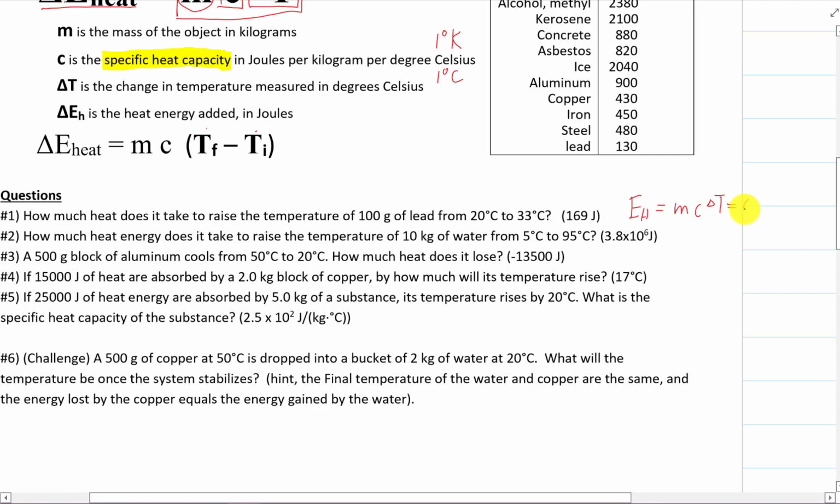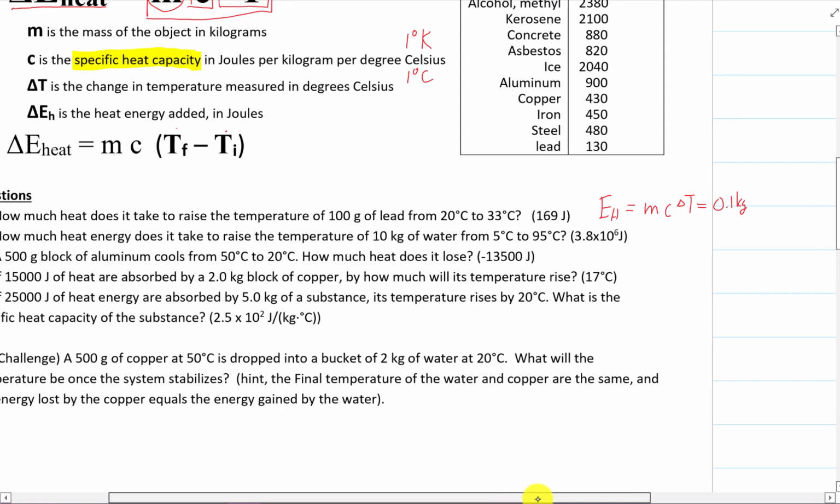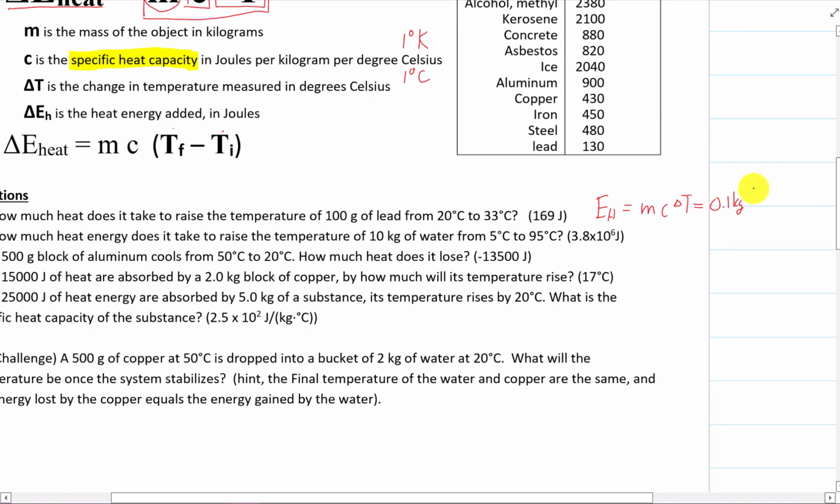The mass is 0.1 kg. The specific heat capacity of lead is 130. And if you wanted to put the units in, it's joules per degree Celsius per kilogram as well.